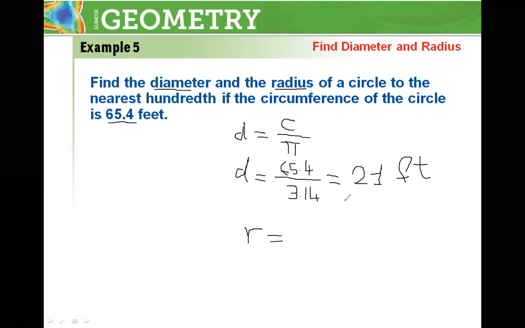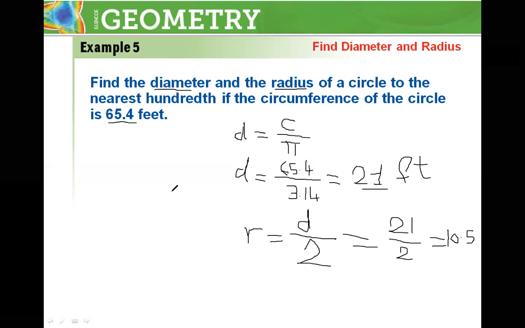The radius is the diameter divided by 2. The diameter equals 21, so 21 divided by 2 equals 10.5. So the radius length is 10.5, and this is our answer.